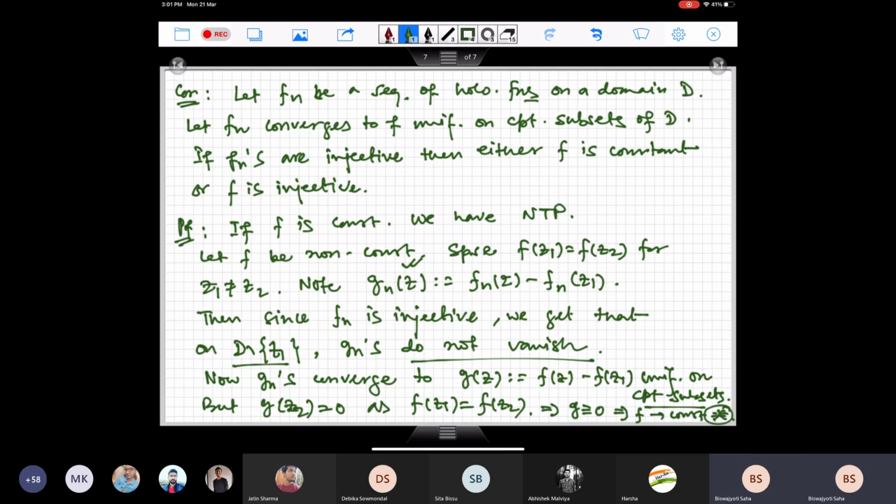Cauchy-Hurwitz theorem. Now I come to doing real improper integrals using the Cauchy-Hurwitz theorem.